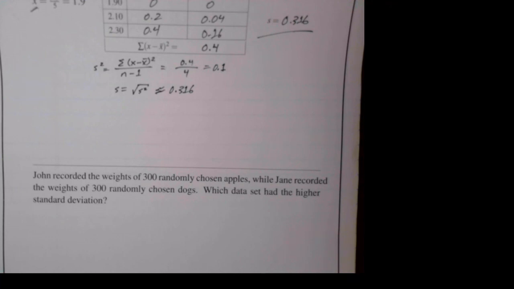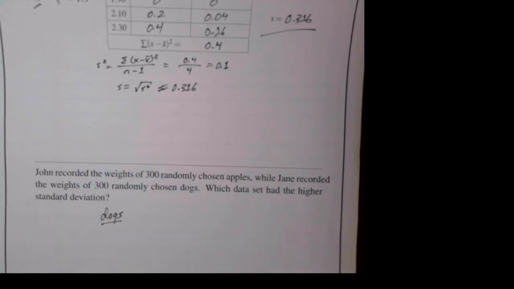There are smaller apples and larger apples, but they vary over a much smaller range than the weights of dogs. There are dogs that are very tiny, down to a couple of pounds, and then there are those monster dogs that weigh 100 pounds or more. So there's going to be a lot more variation in dogs than there is in apples. So it'll be the set of dog weights that has the larger standard deviation.